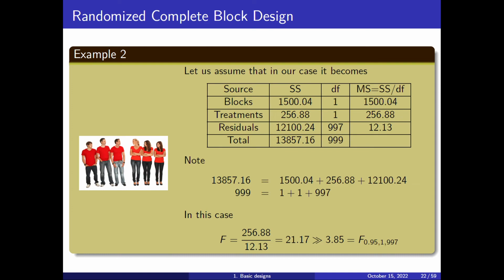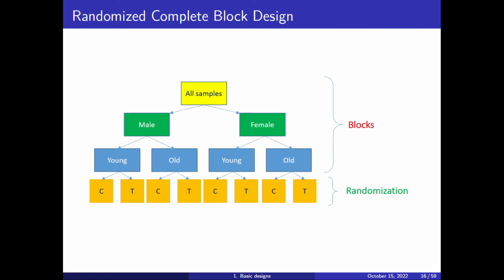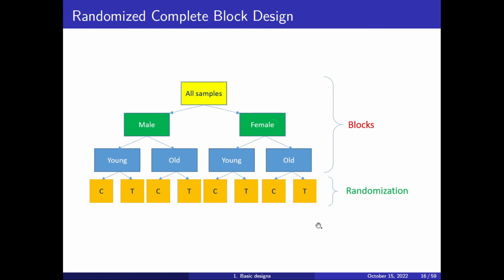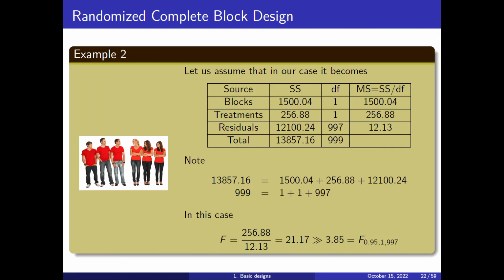And now you may remember before each parameter of the residual was explained in 13.61 and the ratio was 18.87. Now instead of 13 it is explained in 12, and now when I compare these two, the ratio is not 18 or almost 19, but it is 21.